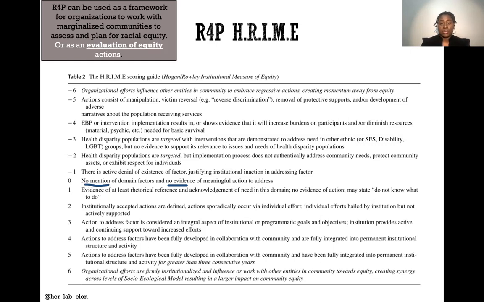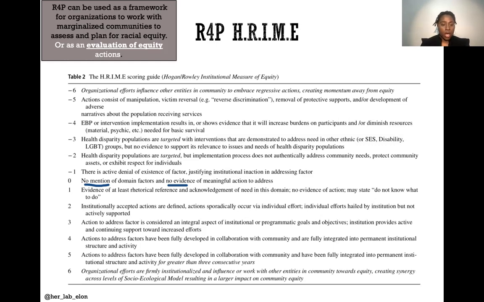So when we talk about neutral on the HRIME scoring guide, we're at 0, where there's no mention of domain factors and no evidence of meaningful action to address inequities that are occurring. So no acknowledgement, no evidence, no mention of any of the factors across the 5 domains of R4P.